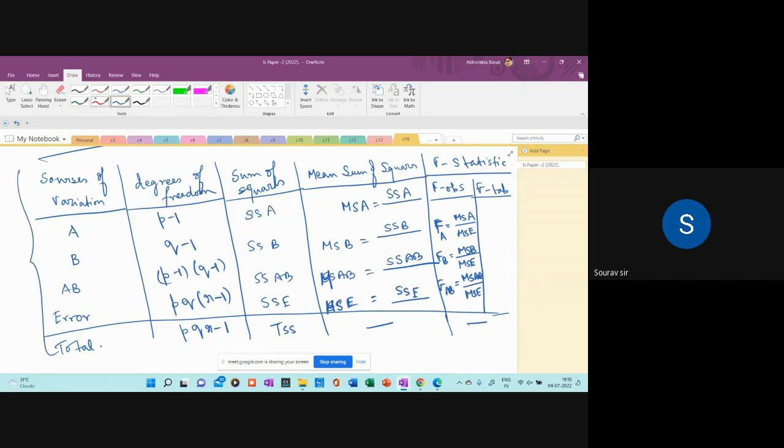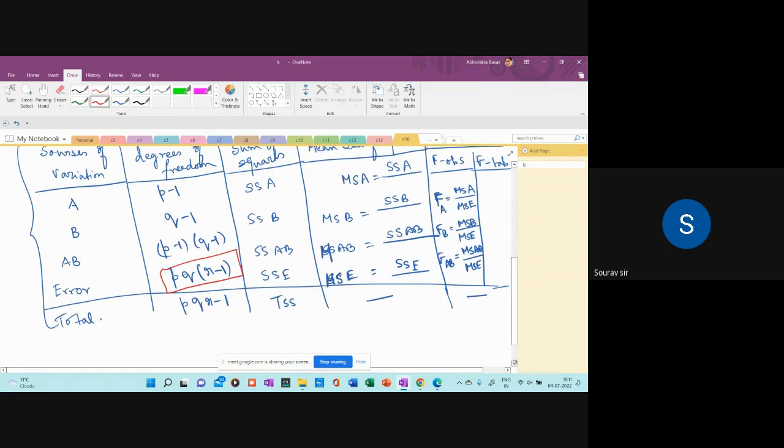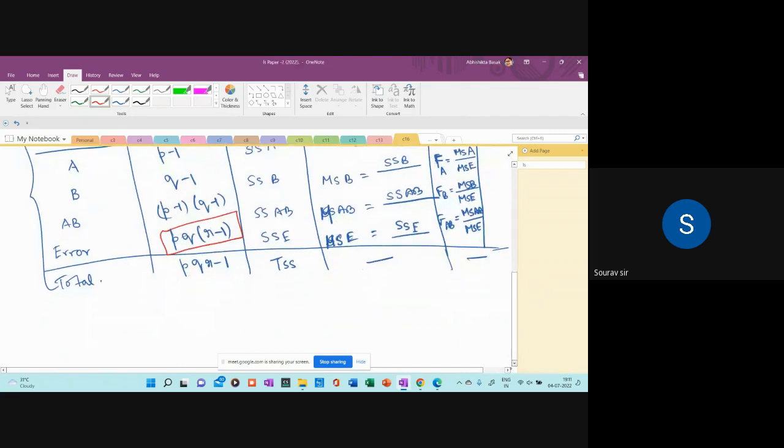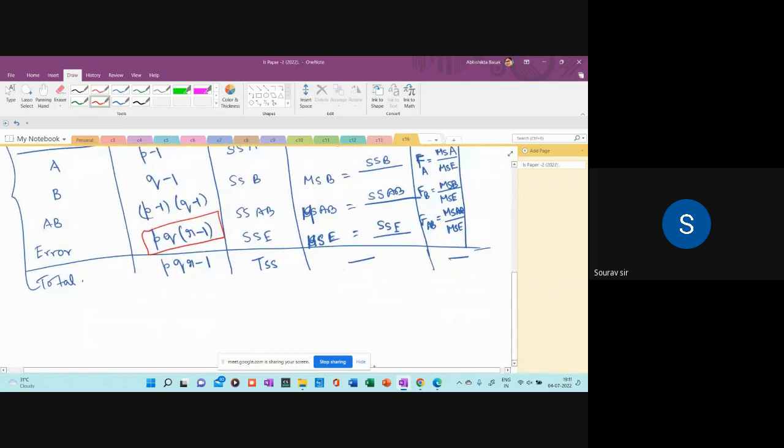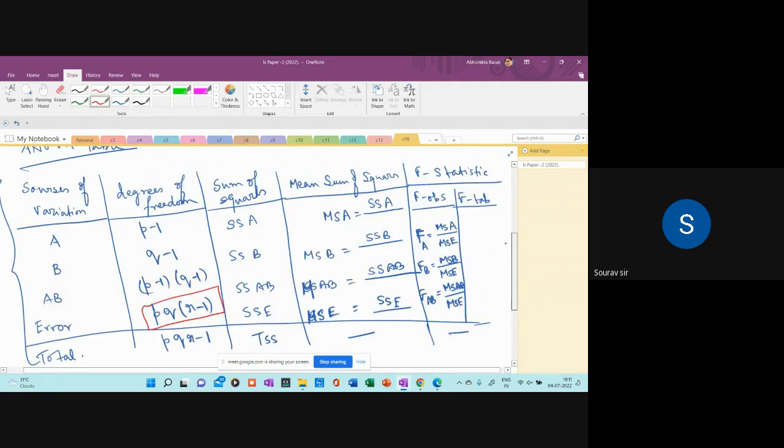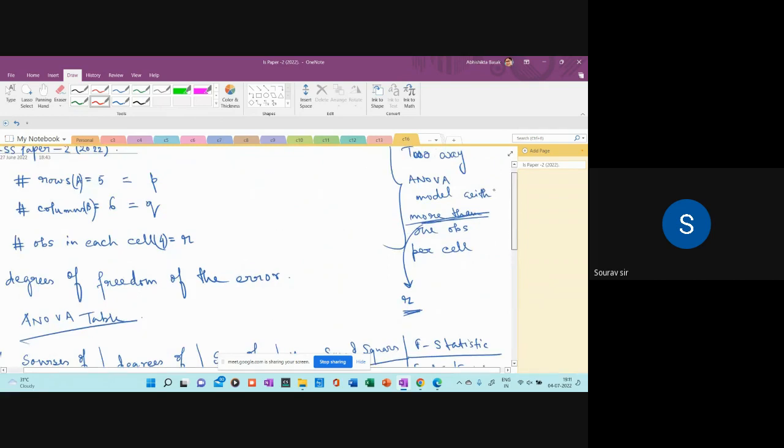So what we have to do is find the value of just this thing. Not only for ANOVA 2-way with more than one observation per cell, but also for ANOVA 1-way as well as ANOVA 2-way with single observation per cell, you have to remember this table. For our case, P was 5, Q was 6, and R was 4. Let me check it once. Yes, it was 5, 6, and 4.